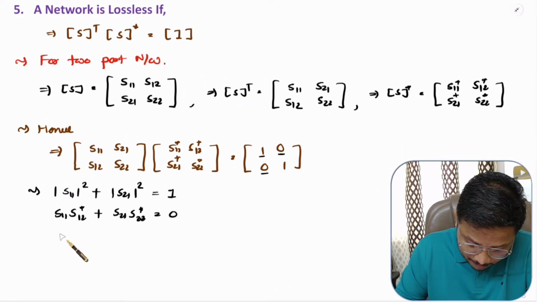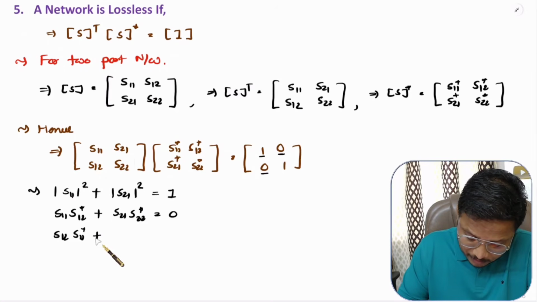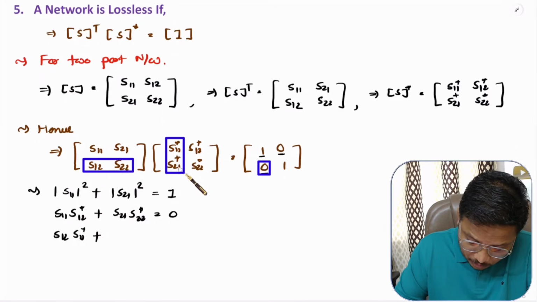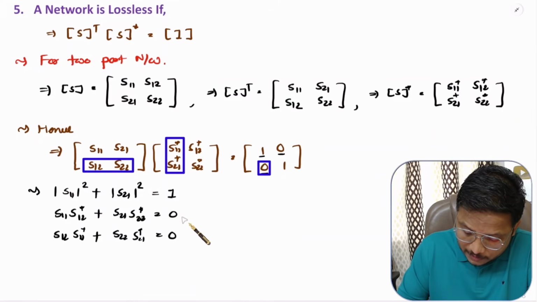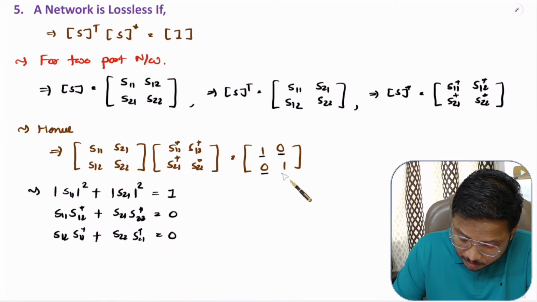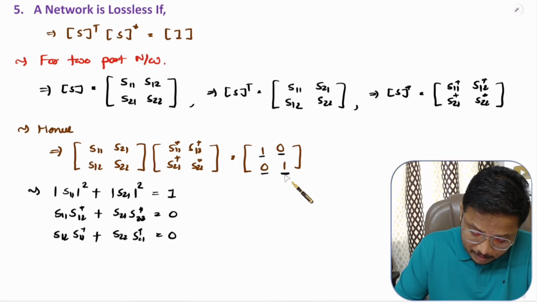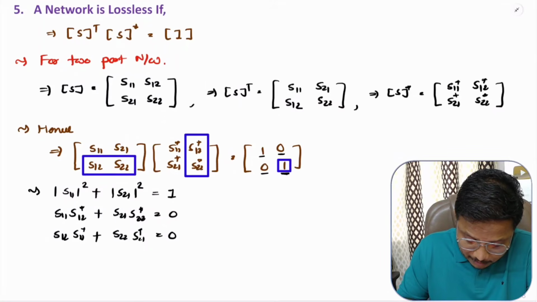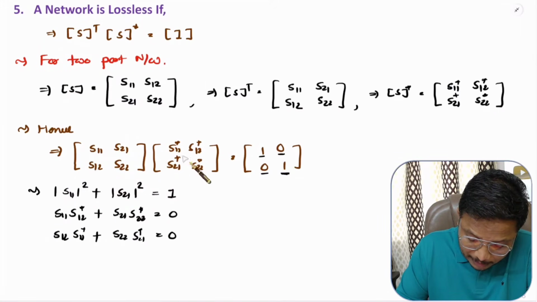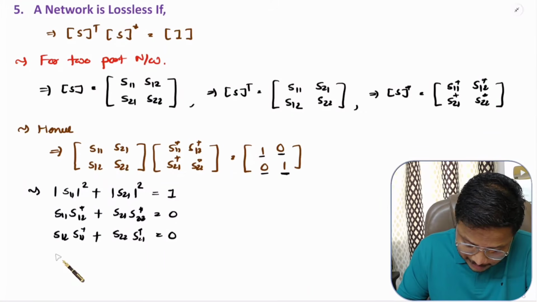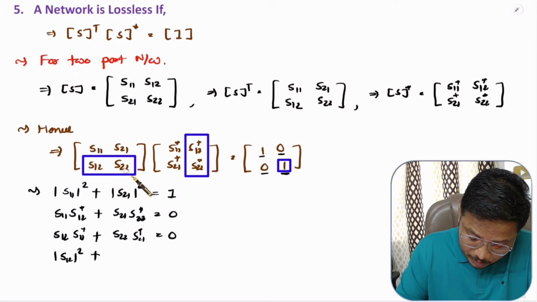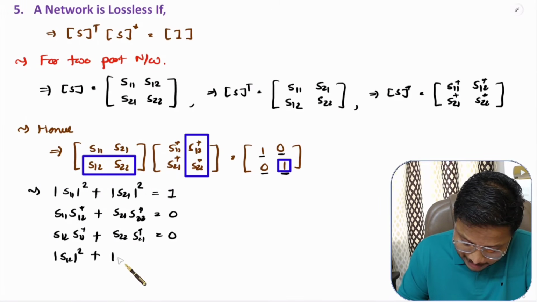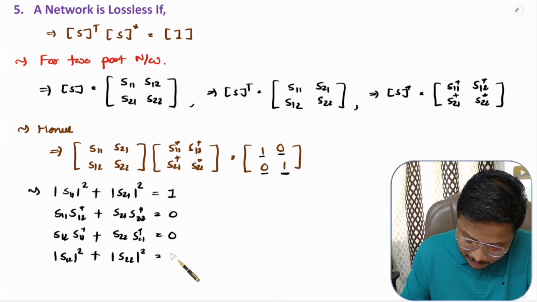So here we will have S12 into S11 conjugate plus S22 into S21 conjugate, that should be equal to 0. And if you want this fourth element, then that will be the second row and second column, right? So the second row is S12 into S12 conjugate, that is S12 square, plus S22 into S22 conjugate, that is S22 square, that is equal to 1.